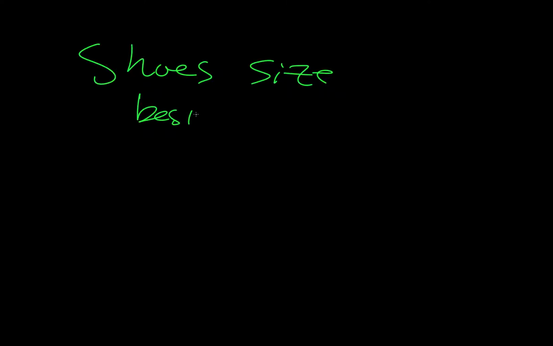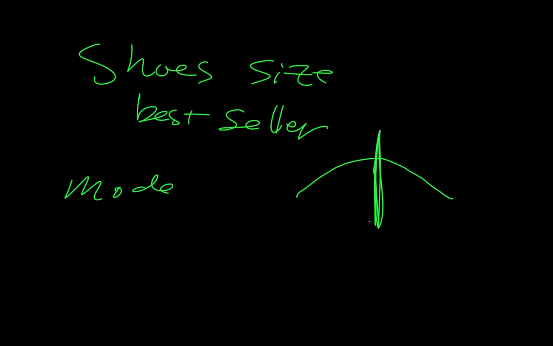So in this case, when we're saying shoe size, and we want to know the best seller, mode will tell us this at a glance. If we want to know kind of like a range of values, but just one value that can tell us where the middle is, that's where we're going to find median.